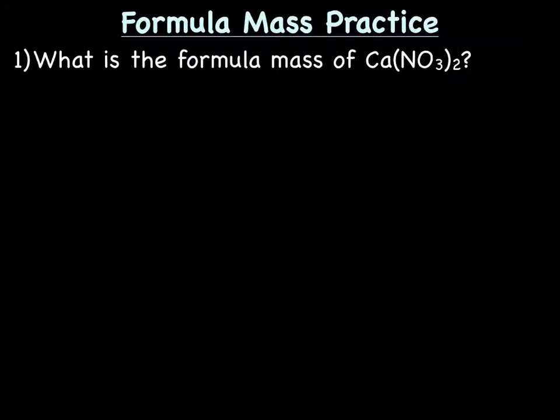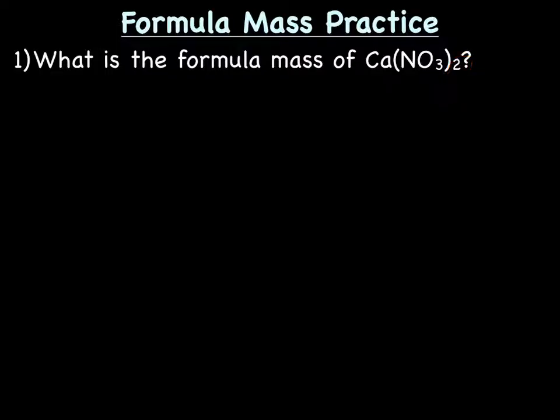Okay, let's try this. Let's calculate the formula mass for the compound calcium nitrate. The first step is to figure out what exactly calcium nitrate is made out of. Well, it's made out of 1 calcium, and because there's a 2 there, we know it's also made up of 2 nitrates.